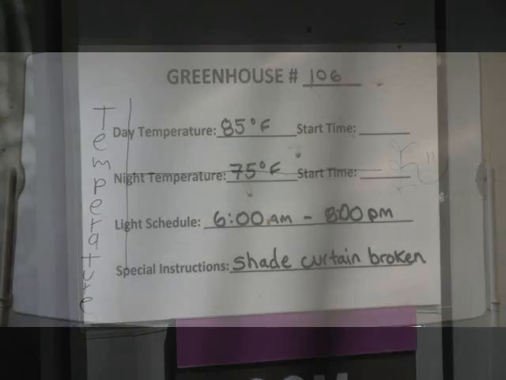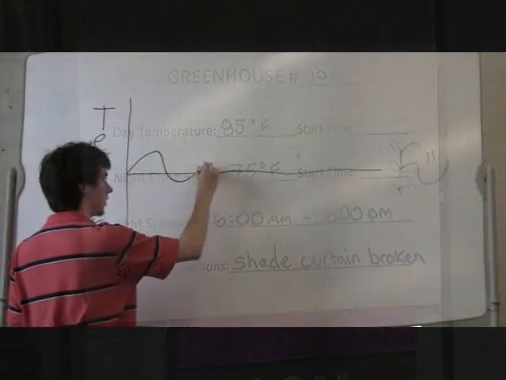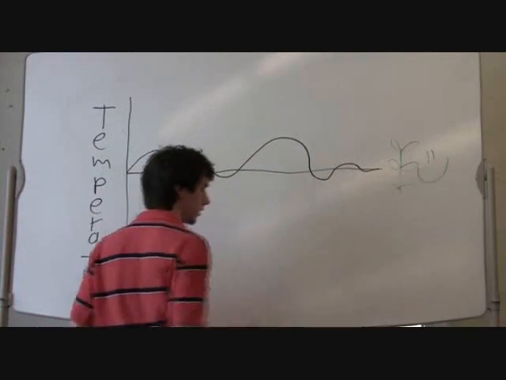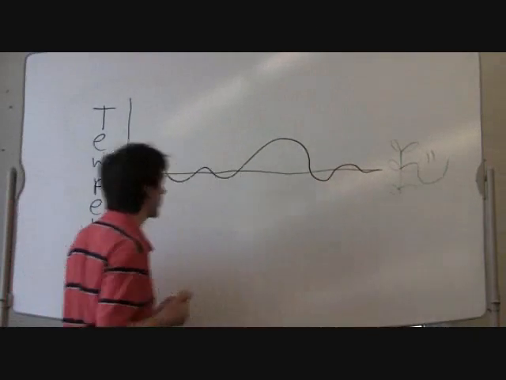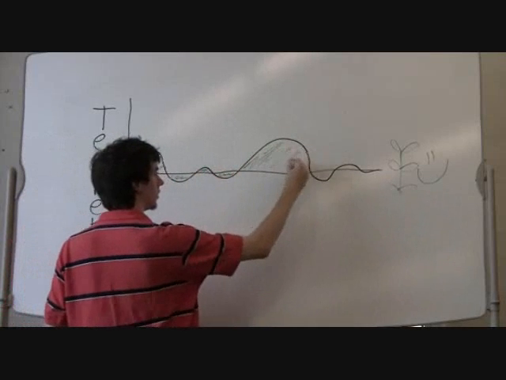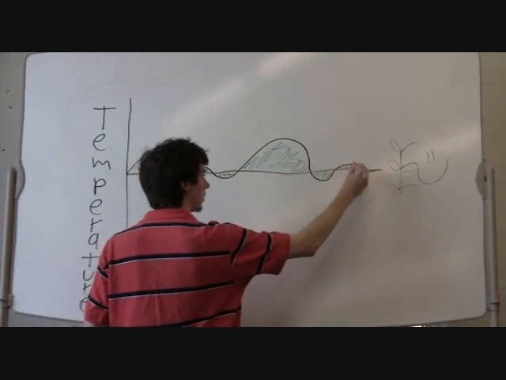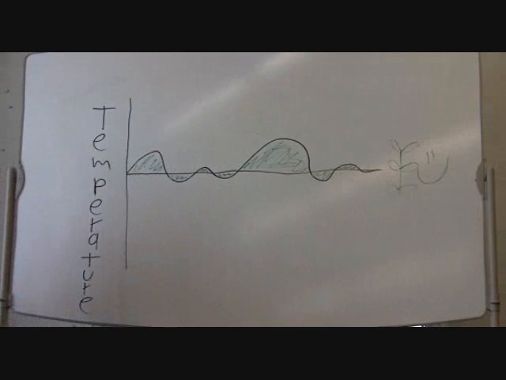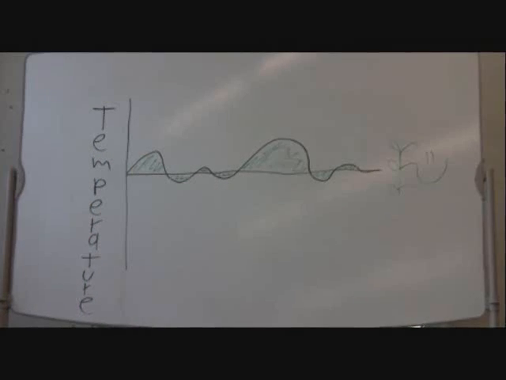As the day goes on, the temperature will vary both above and below the desired level, requiring the expenditure of energy in order to return it to the desired environmental stasis. This can be the expenditure of natural gas or electricity to heat it, or the expenditure of energy required to run fans or other cooling systems. The area under this graph may therefore be thought of as a measure of the total energy expenditure of the greenhouse.